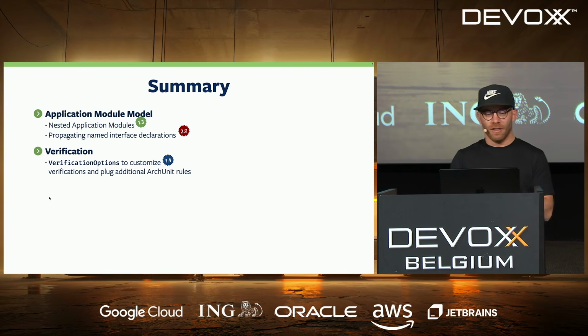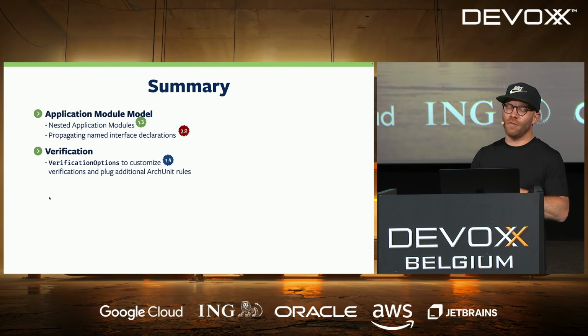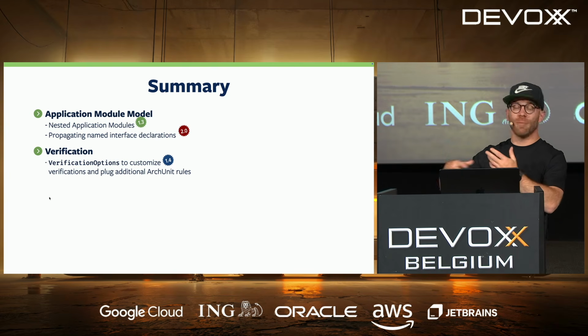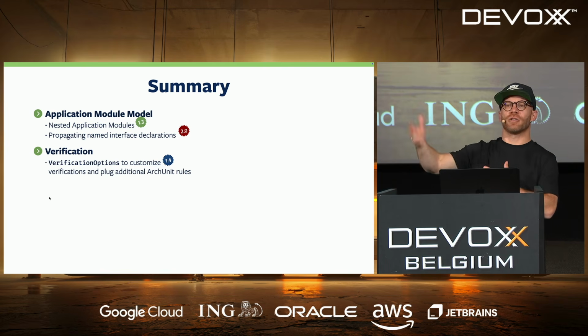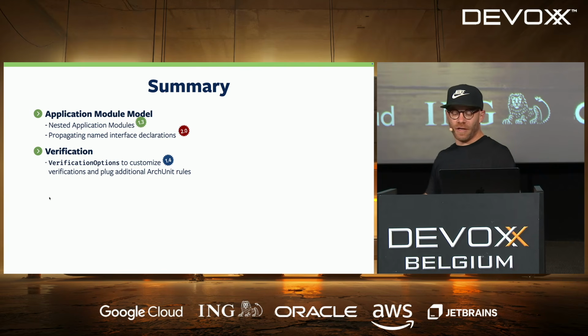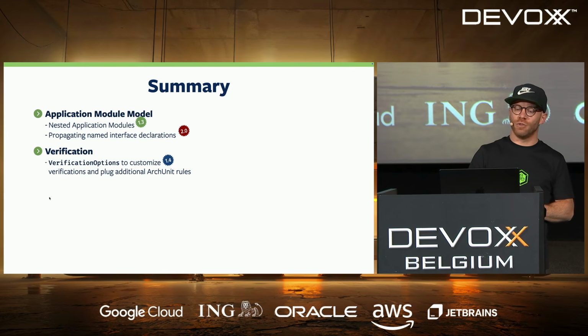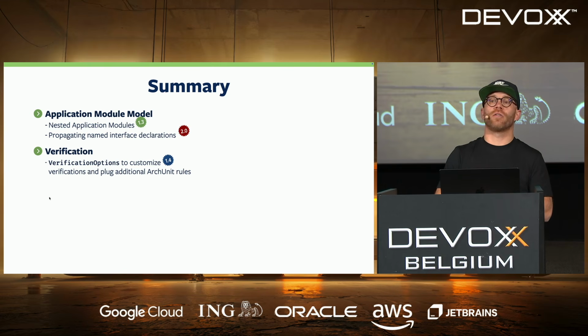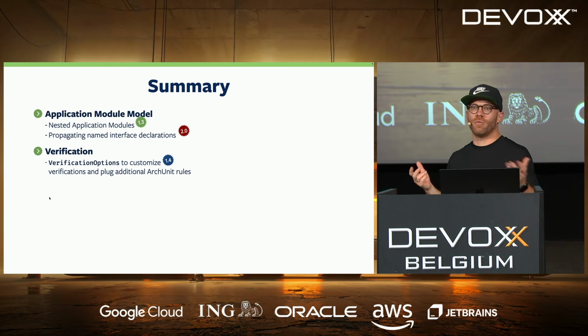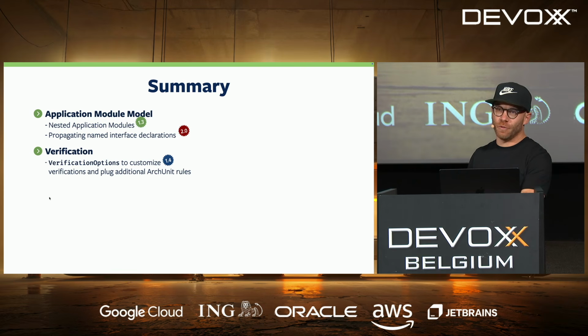And depending on whether you're using some of the jMolecules libraries, which provide architectural and design language elements in code, we automatically trigger those verifications. If you want to customize any of that, there's this new verification options parameter that you can hand into the method, and then also add any kind of ArchUnit rules that you might want to craft for your project.